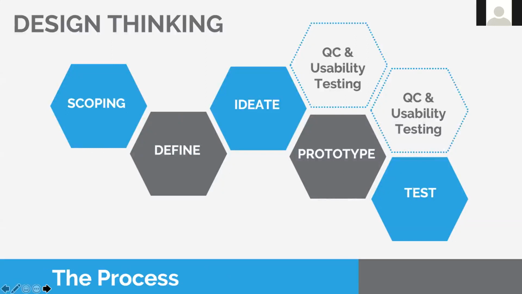So unsurprisingly, for most of you guys that are familiar with SAP Fiori and design thinking and human-centered design, this is the approach that we followed, from scoping to defining the problem, coming up with prototypes, an ideation phase.